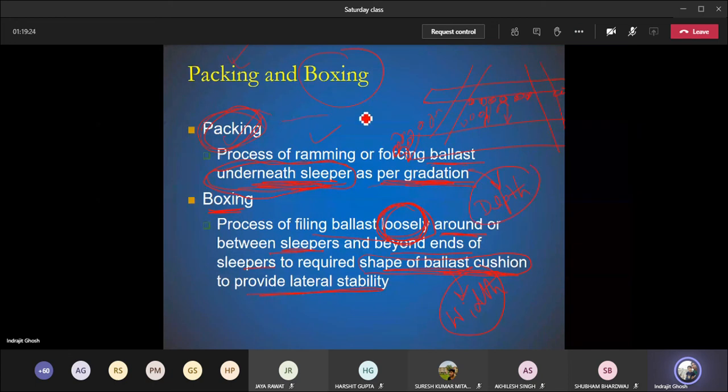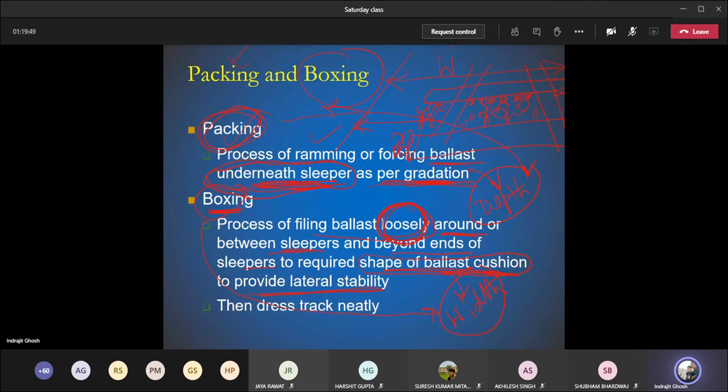So in case of packing, depth is relevant. In case of boxing, the width is relevant. Obviously, if the width is up to this, we will not go beyond that. So we will be loosely putting the stones here, but up to the dimension which is given to us, which is known as the width of the ballast layer.